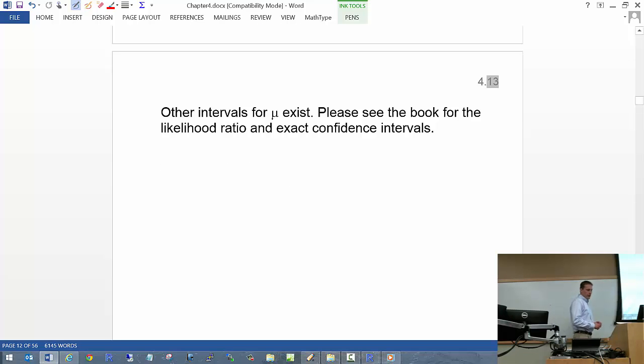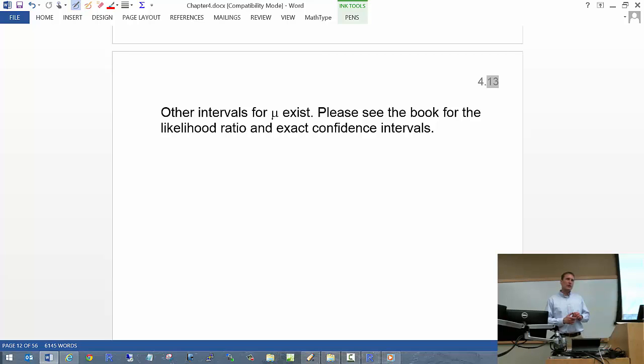Now lastly, before we move on to the next section, we talked about 3 confidence intervals for mu. As I briefly mentioned before, there are actually 2 other ones that my book talks about. One is an exact interval. Don't worry about it, but it doesn't hurt to read it and see what it is in the book. The other one is a profile likelihood ratio interval.